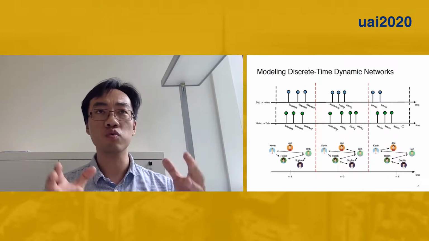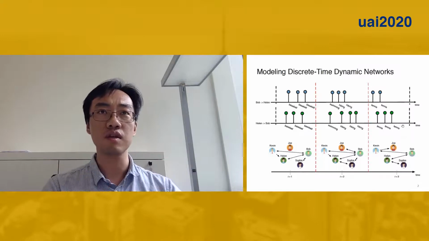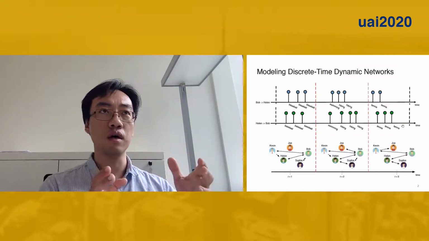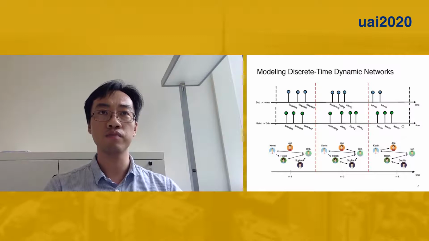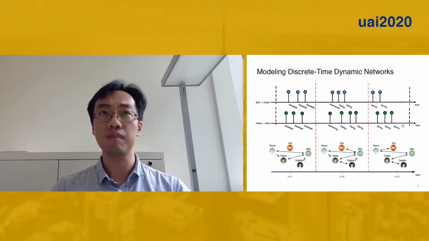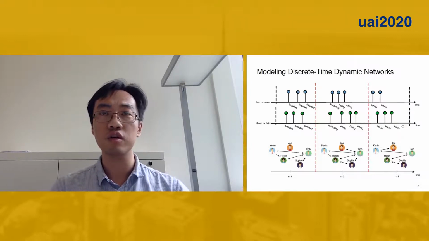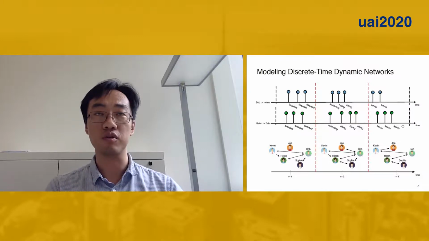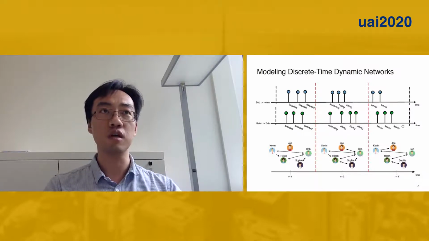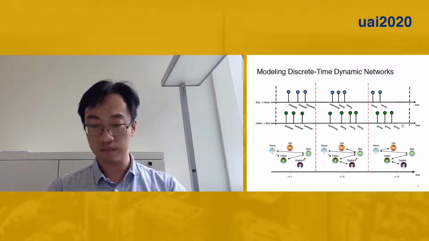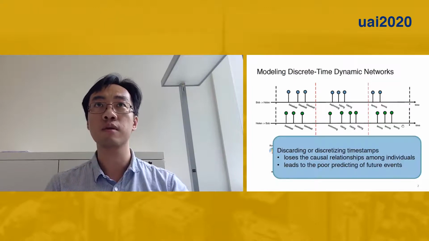Alternatively, we can also discretize this continuous time events data into regularized time intervals to form a discrete time dynamic network, from which we can infer the evolution of the underlying latent community structure and perform temporal link prediction for each of the snapshots at different time points.